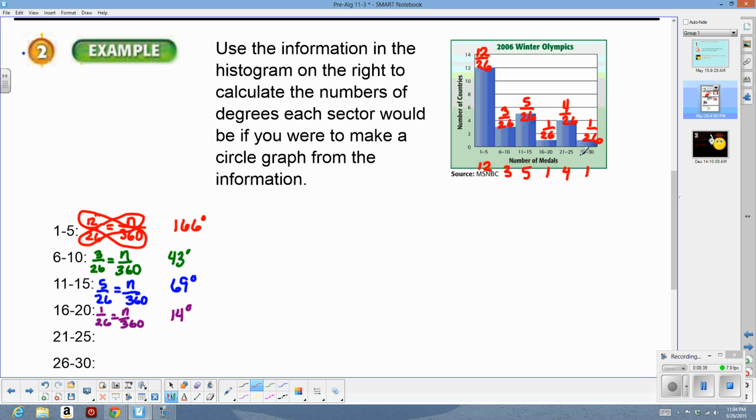21 to 25 is 4 out of 26. 4 out of 26 countries fell into that category. So 4 over 26 equals n over 360. Once you solve that proportion, you end up with 54 degrees.